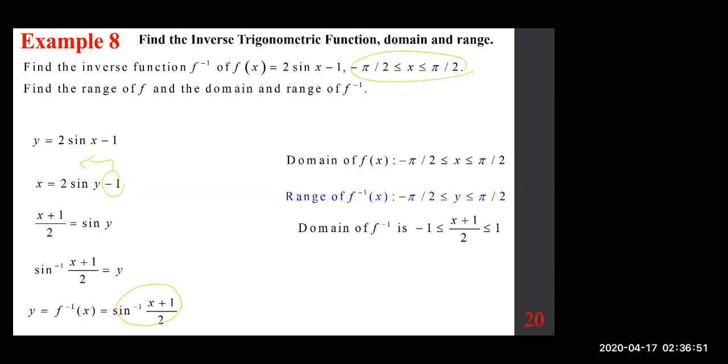We multiply by 2. We subtract 1 from all sides. X is between negative 3 and 1. So what is this? Domain of f inverse, which is the same as range of f.